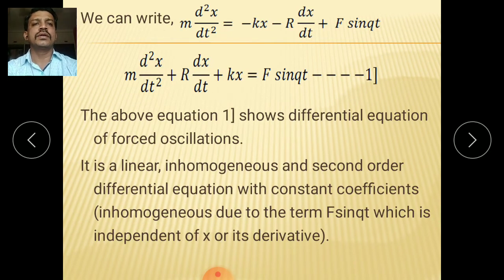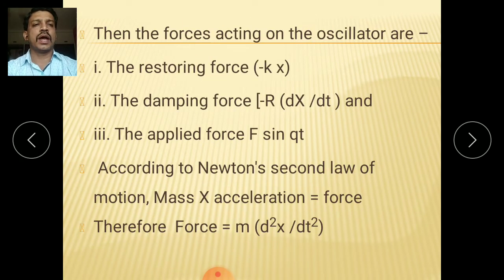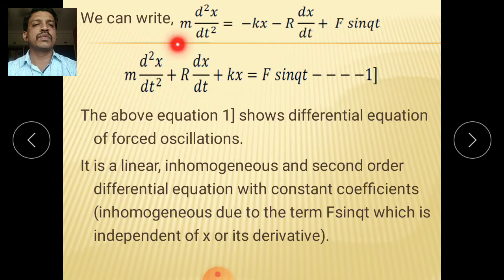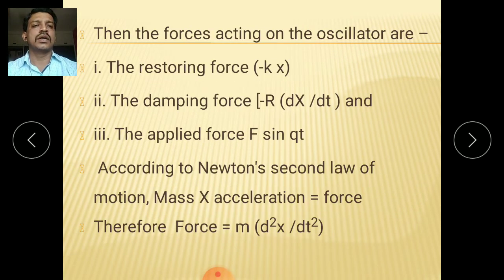We can write the force as m d2x by dt square. So m d2x by dt square equals minus kx minus r dx by dt plus F sin qt. How do we get this?